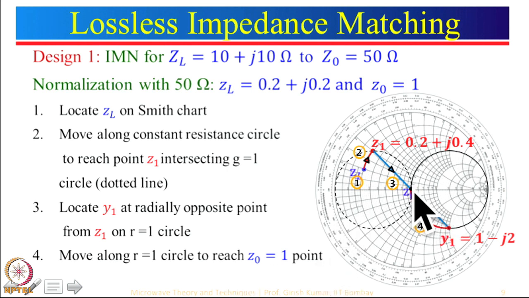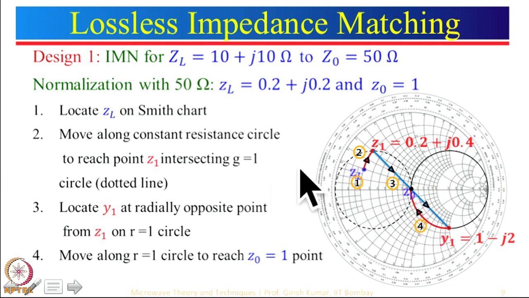At this point, what is the input impedance? Equal to 1. What is the reflection coefficient here? Equal to 0. What is the VSWR? Equal to 1. So, let us go step by step again. From here we went to this point, we took the reflection, and then we moved along this.